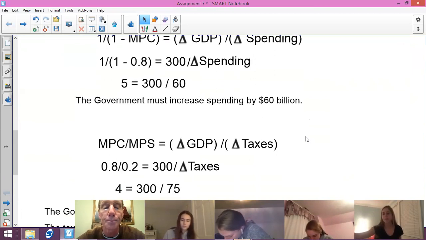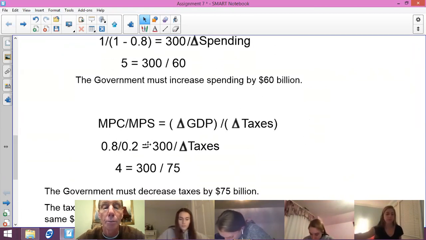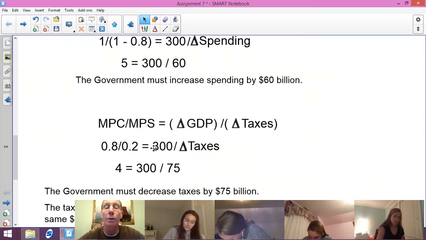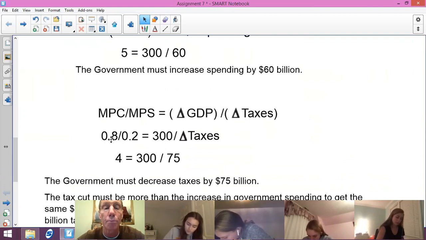So we simply put our formula here, and we're trying to figure out what we would have to change in the taxes in order to get that same $300 billion increase in GDP. And when we just plug in the numbers, 0.8 over 0.2, marginal propensity to consume over marginal propensity to save, we get 4 equals 300 over 75.